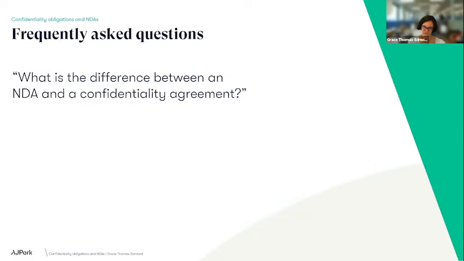The one that is a bit different is one that's called an NNN, which you see used in China, and that's a non-disclosure, non-use, and non-circumvention agreement. The standard NDA would cover non-disclosure and non-use, but non-circumvention is really about, if you think about a Chinese manufacturer supplying to another company, saying that that supplier won't go around you and try and get to your customers directly.